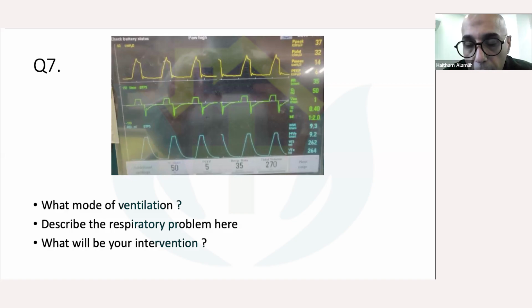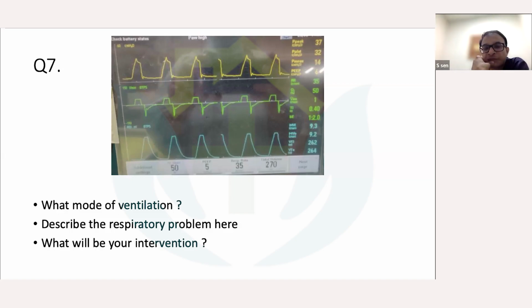We are talking about static, so plateau pressure minus PEEP: 32 minus 5, which is 27. So 270 divided by 27 is 10. So static compliance is low.